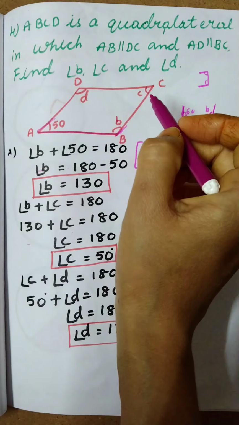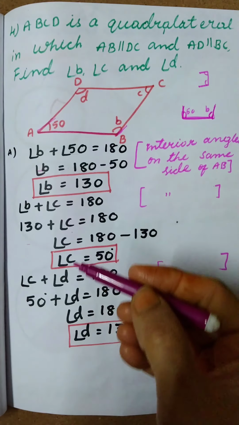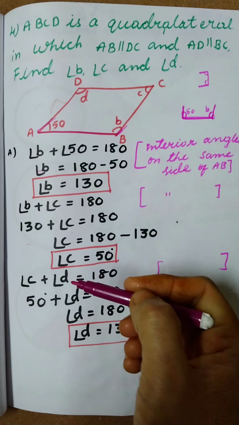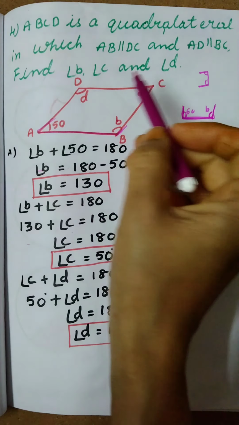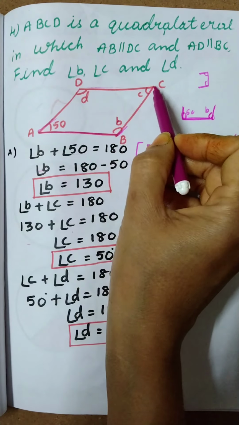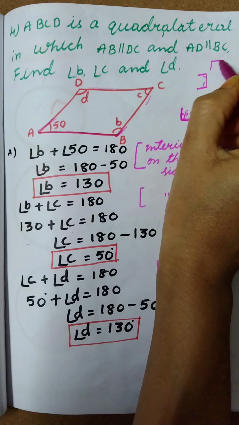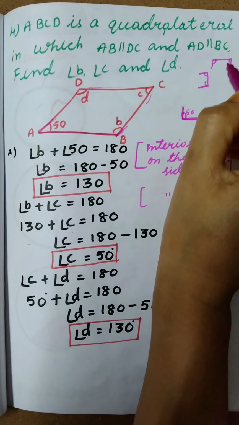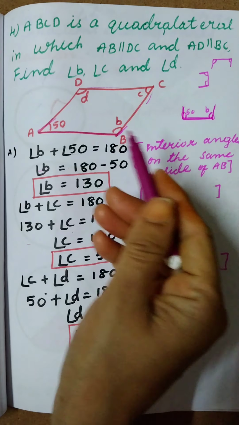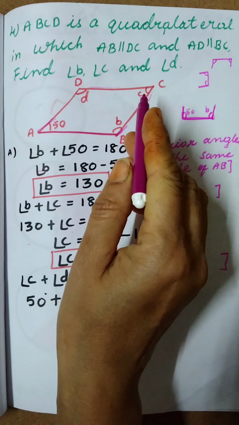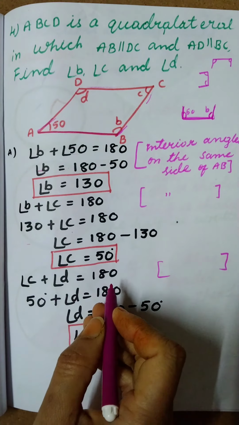Next one. We got the B value and the C value also. Now what do we have to find, children? The D value. Again, are you observing, children, here interior angles on the same side of the transversal. Angle D plus angle C equal to 180 degrees.